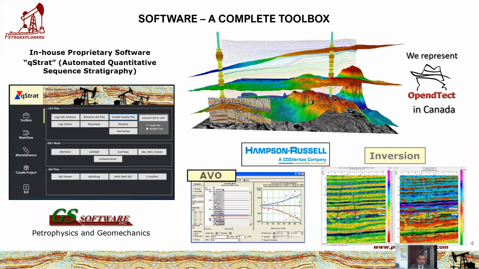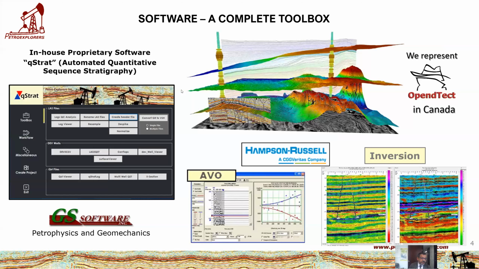On the software side, we have been representing OpenDetect for the last 12 years as a part of the company. We're very focused on bringing in a lot of advanced new tools from OpenDetect. For quantitative analysis, we use Hampson-Russell, along with OpenDetect plugins, for AVO and inversion.